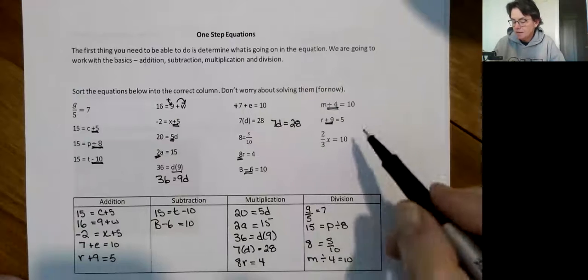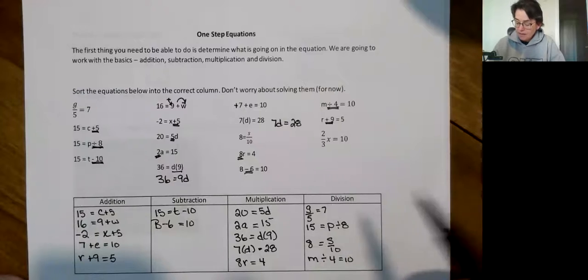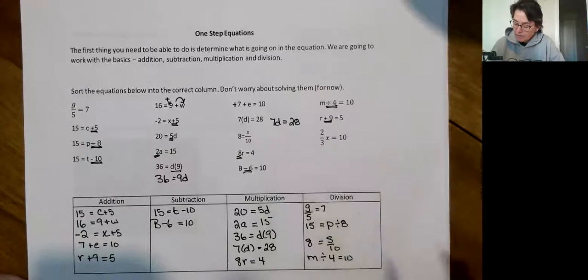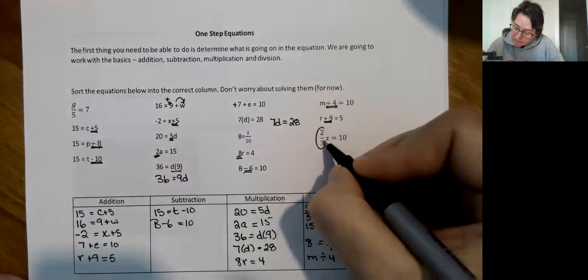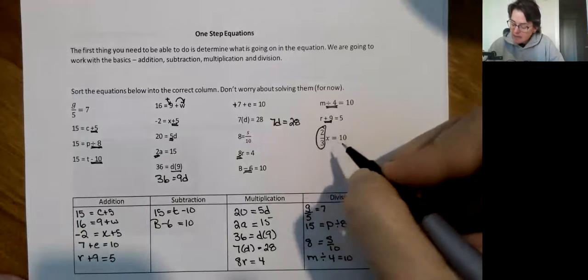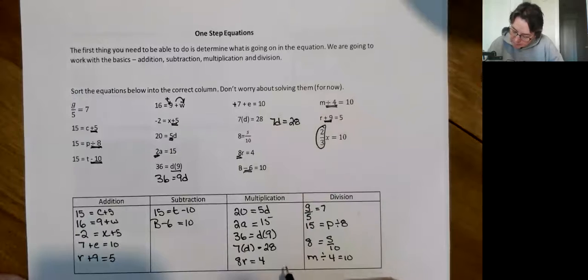And then 2/3 x is equal to 10. Well, it could either be in a multiplication or a division one. But the way I look at it is it's 2/3 times x, because even if it's a fraction, it's still a coefficient. And there we go.